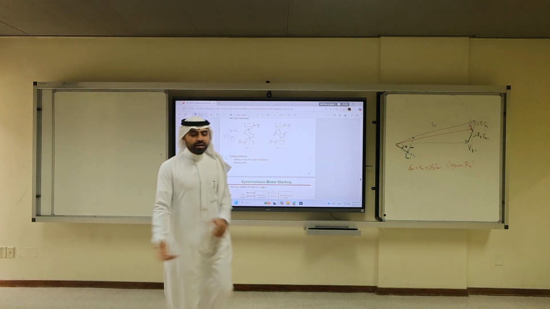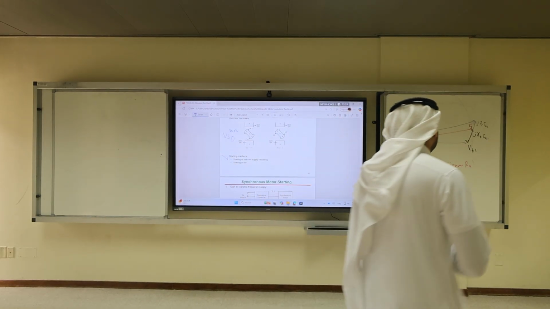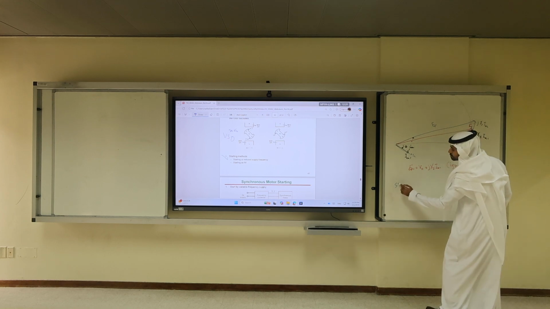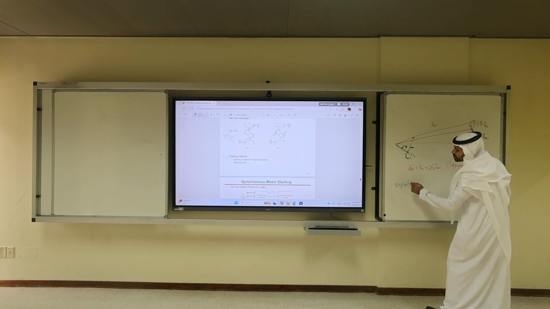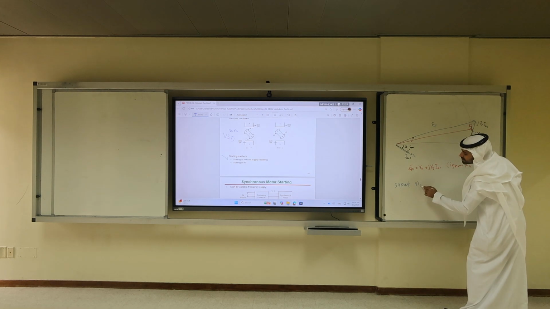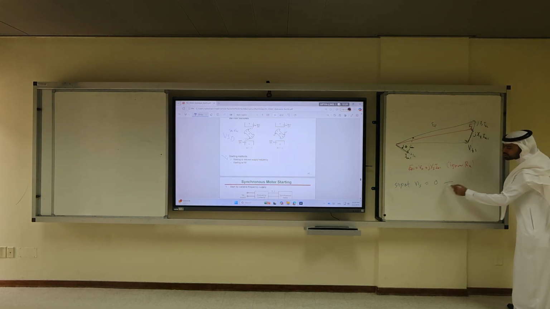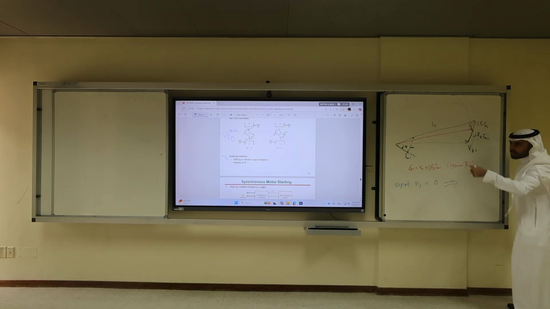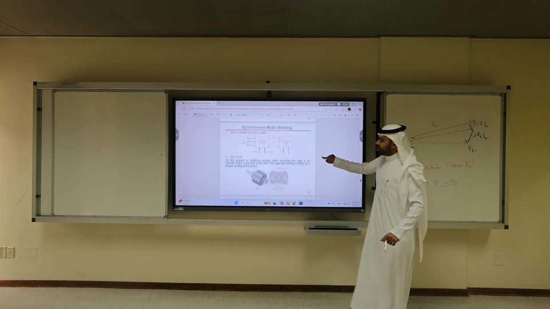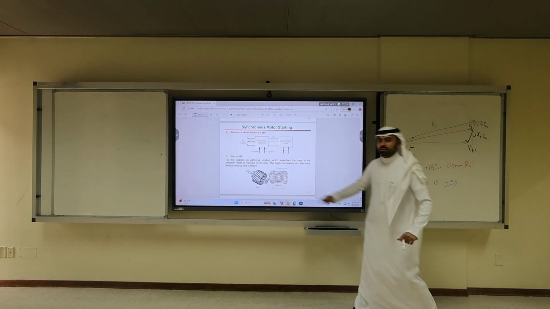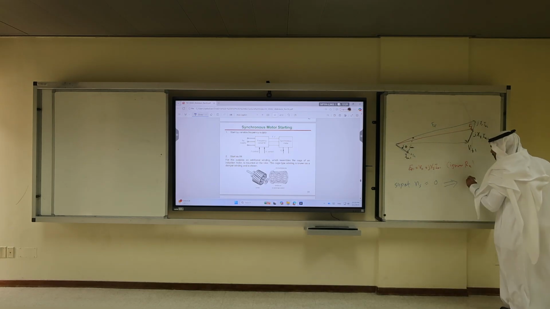The beautiful thing is at synchronous speed, what is the slip? Slip in sync equals 0. It means the bar current in the squirrel cage will be DC.